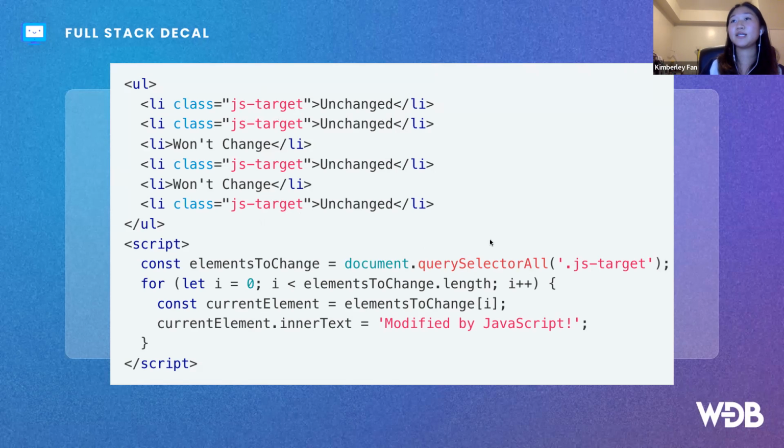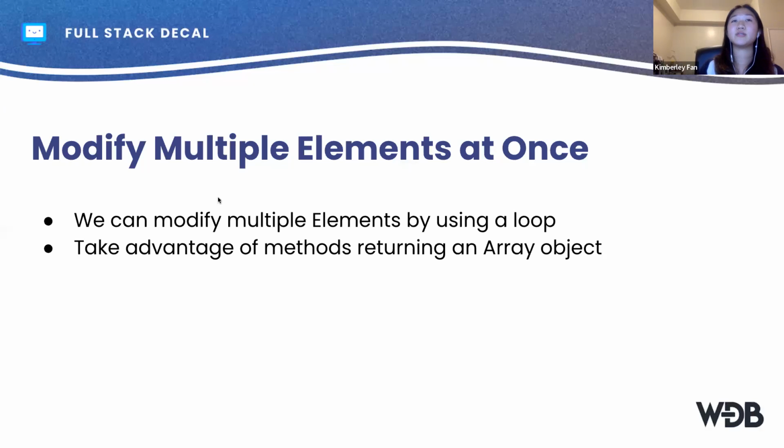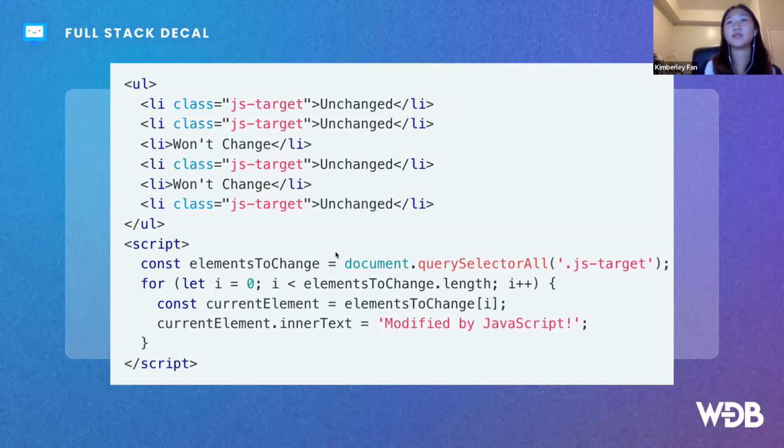They all have the same class, so you can just grab all of them. And it is an array, so you do have to use a for loop to go through it. And you can change all their inner text to be modified by JavaScript instead of unchanged. So that's one way you can change all of them at once. Just do keep in mind that you would be returning an array. And what's here? So it says use a loop. Yeah, that is pretty much what I talked about.